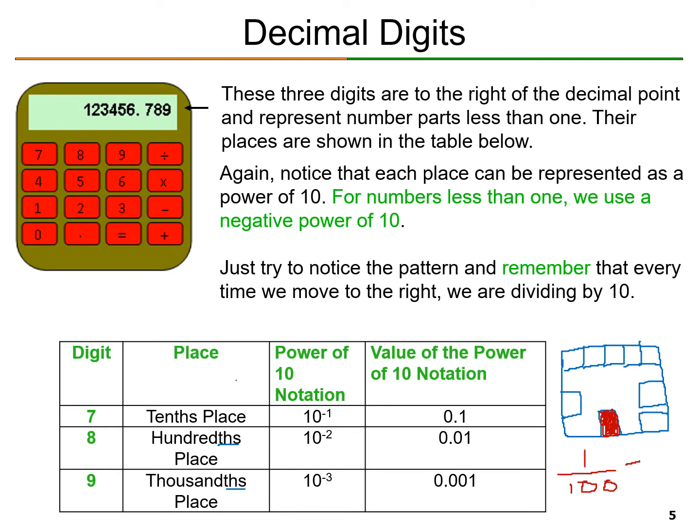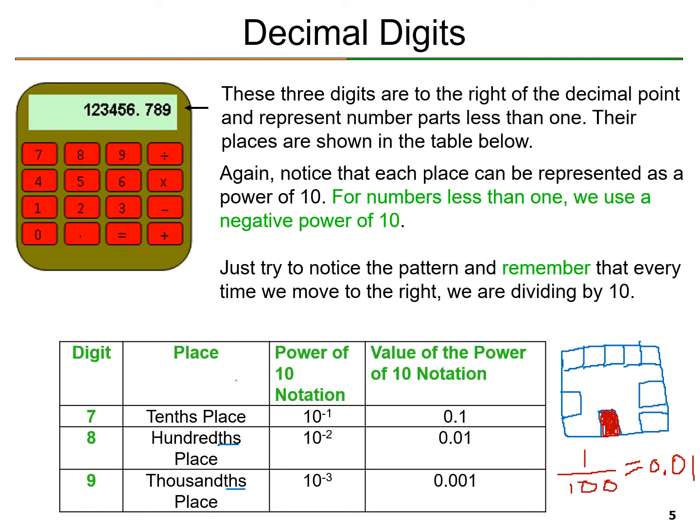That's equal to 0.01, one hundredth. So obviously, if this is the whole square, and this right here represents just one hundredth, obviously a hundredth is less than 1.